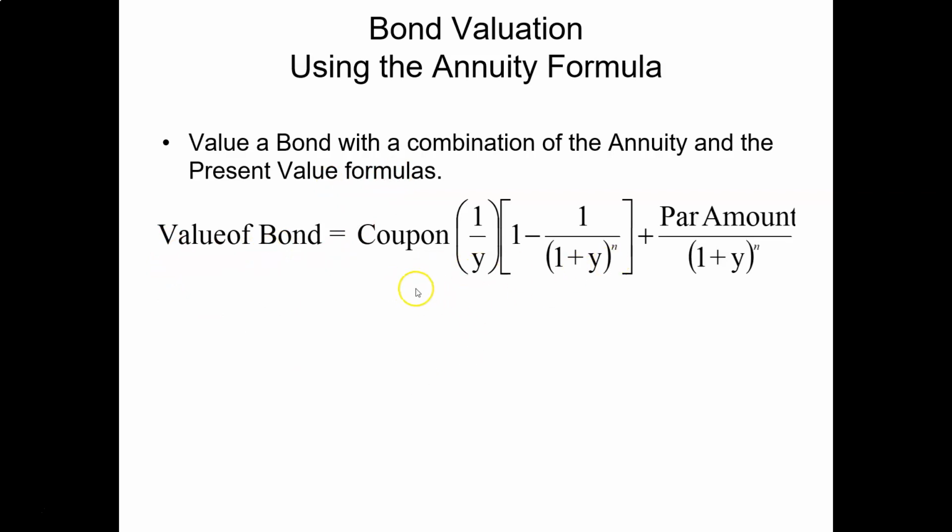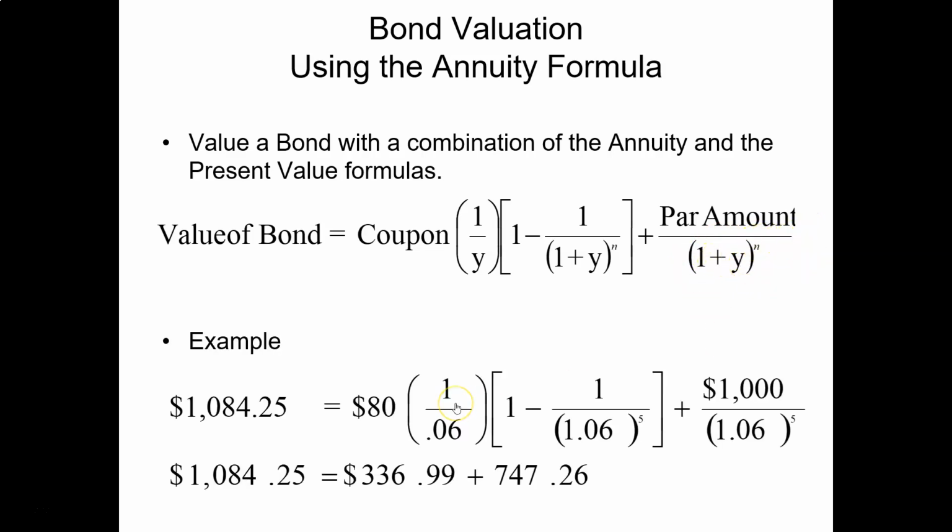In the first part, it is the present value of annuity with the payment as the coupon payment, the discount rate as the yield of the bond, and the period as the number of periods for this coupon payment. The second part will be the discounted value of the face value. So it will be the par value or face value of this bond and discounted by the discounting factor, that is 1 plus interest rate to the power of periods.